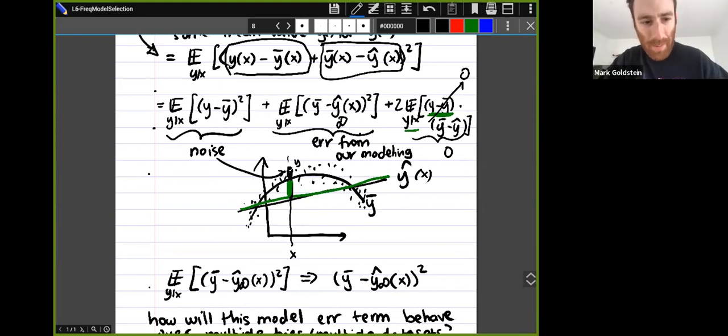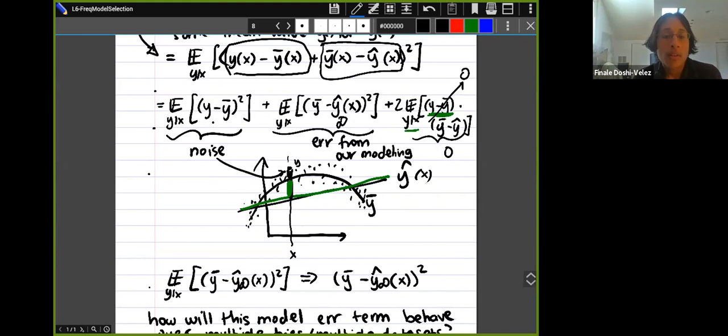I think there were just questions about why the last term goes to 0 again, and why doesn't the first term? Oh, I see. Okay, so the first term has the square right here. The expectation of the error squared doesn't go to 0 because that's the variance.